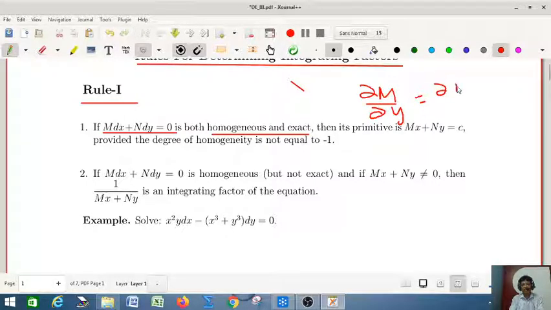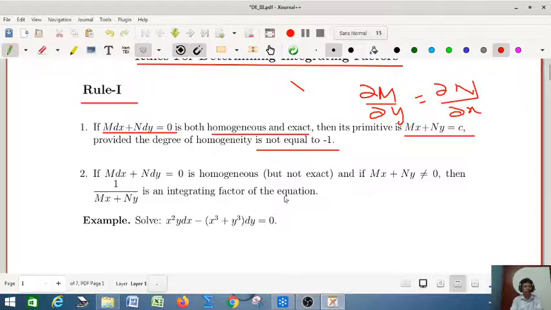That is the condition of exactness. So if your equation is both homogeneous and exact, then its primitive is Mx plus Ny equal to c, provided that the degree of homogeneity is not equal to -1. This is one of the special cases of rule 1.